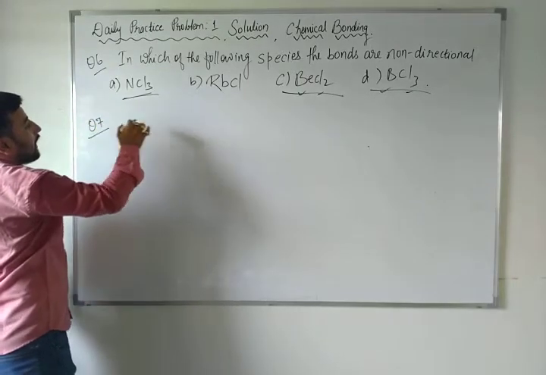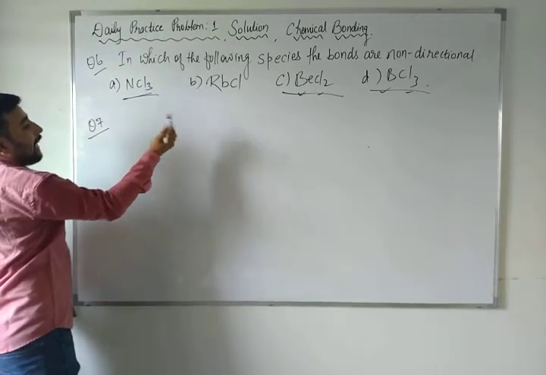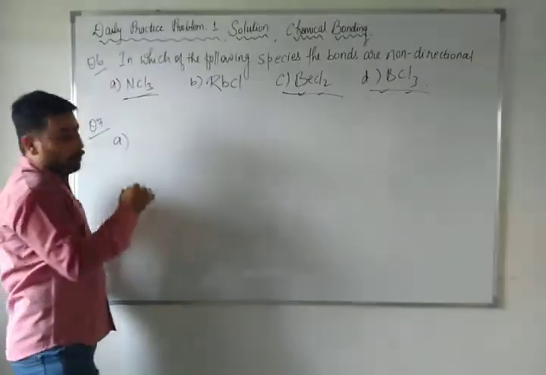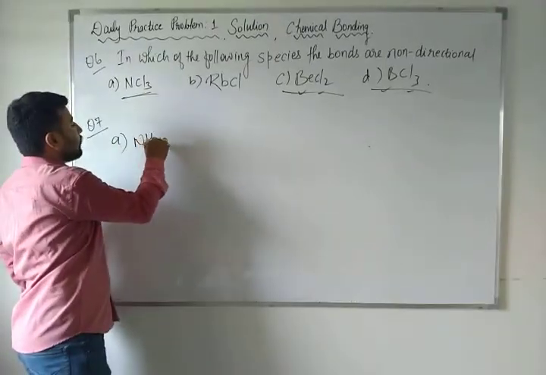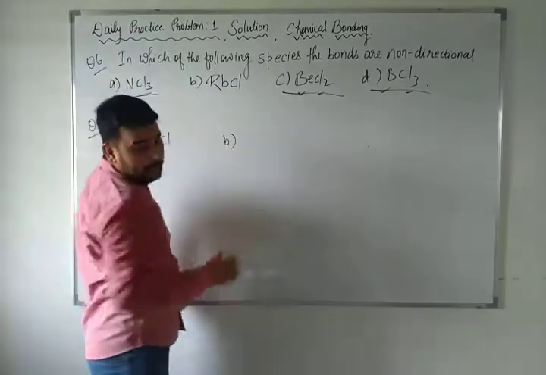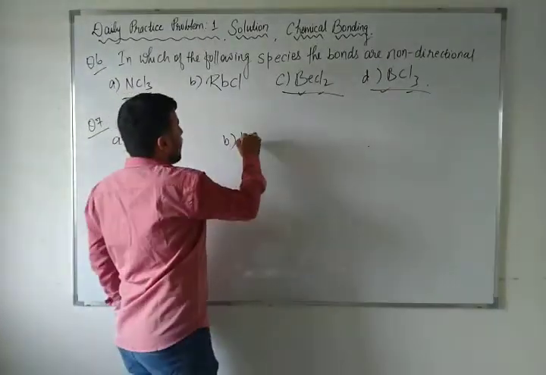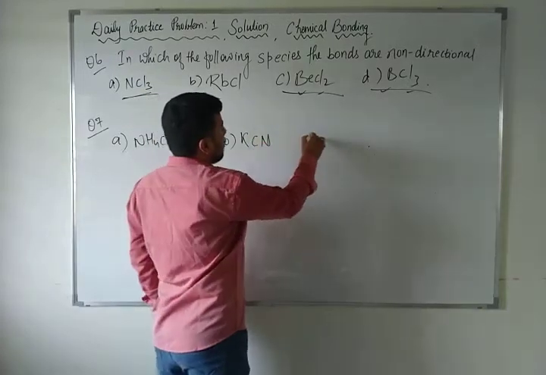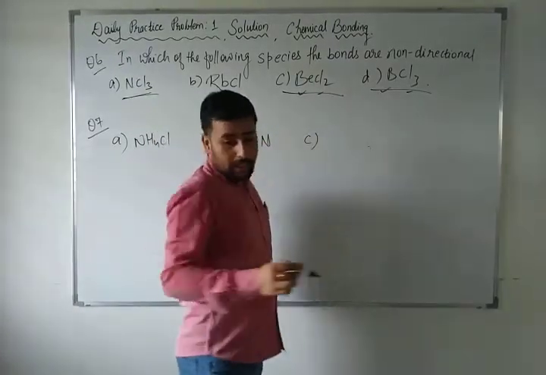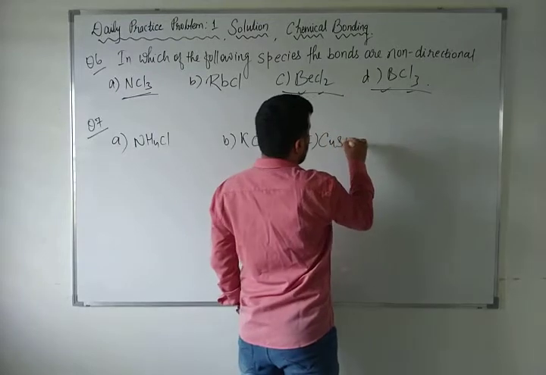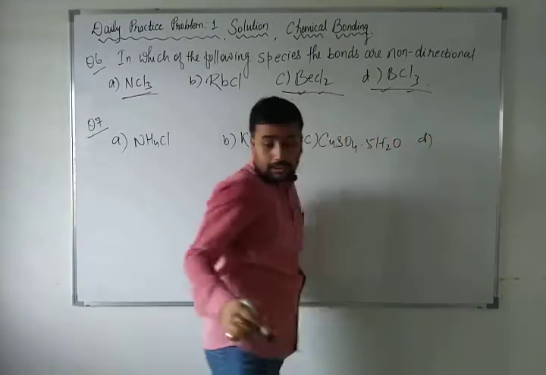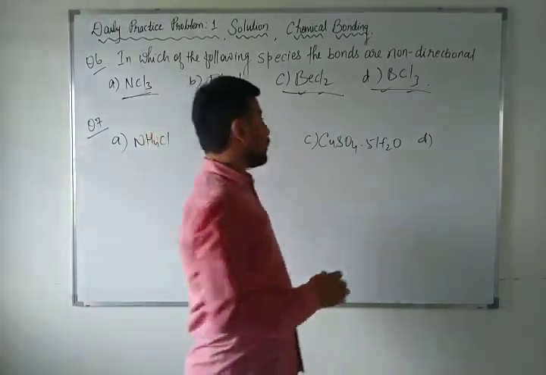Option A is ammonium chloride, NH4Cl. Option B is potassium cyanide. Option C is copper sulfate, CuSO4 into 5H2O. And the last option is sodium hydroxide.